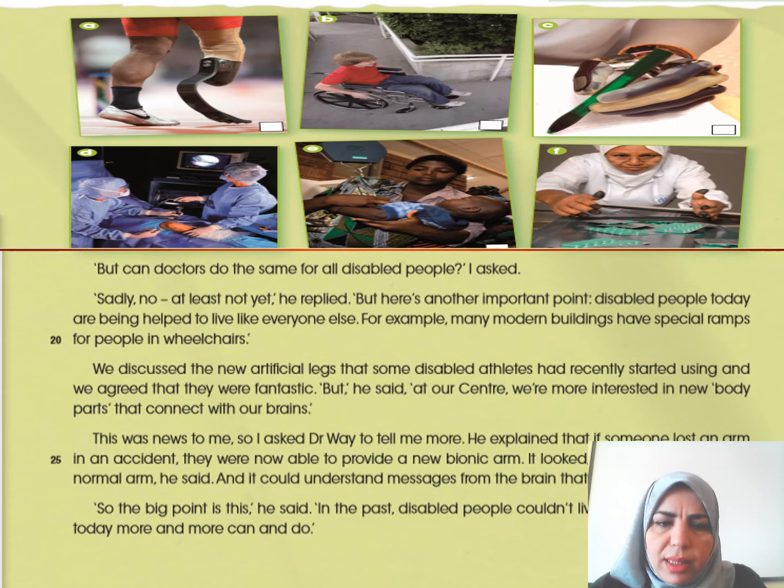We discussed the new artificial legs that some disabled athletes had recently started using, and we agreed that they were fantastic. But he said, at our center, we're more interested in the body parts that connect with our brains.